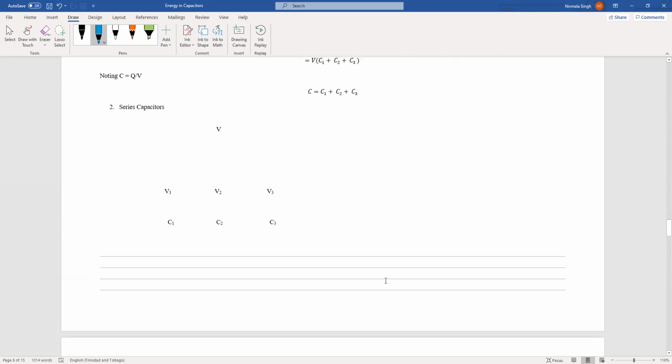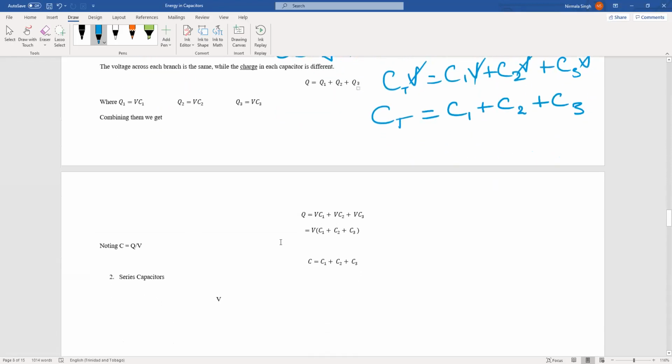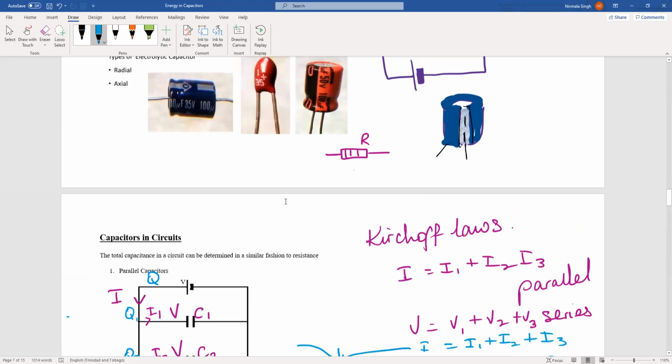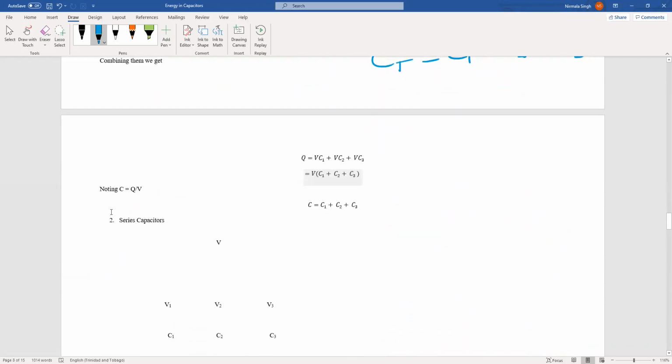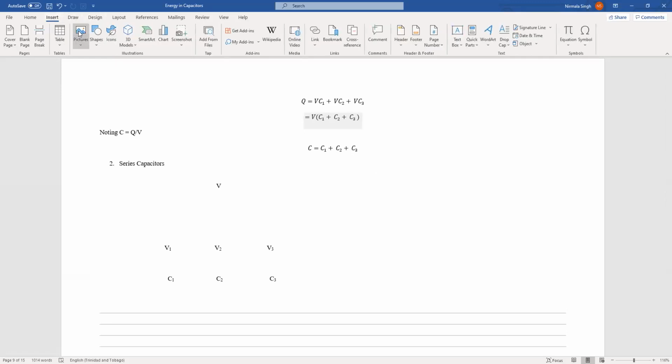So let's see if we can work out the series case. Now I do have some space here for a reason. So imagine that we have a circuit. I don't even know where the circuit disappeared to, but we can draw our circuit.